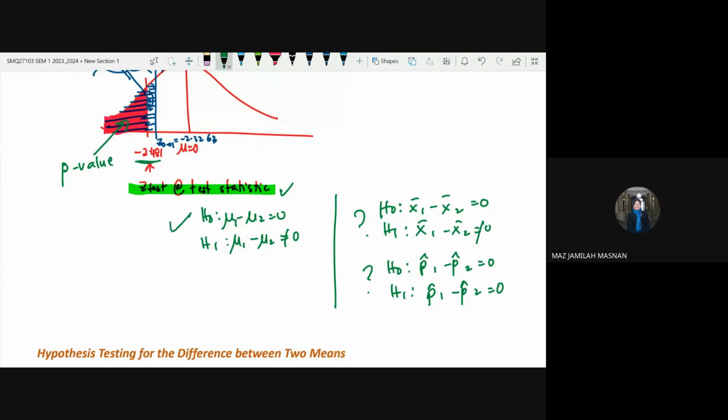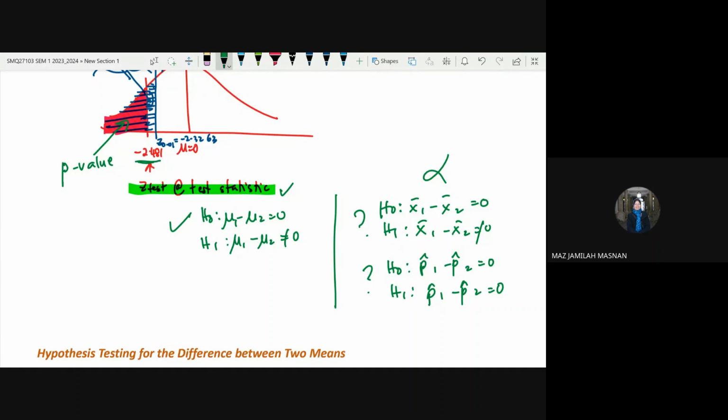Why is this right? Why is this wrong, class? Sebab yang tu sampel. Almost correct. You are giving the correct hint, but I'm looking for the right sentence given by you.